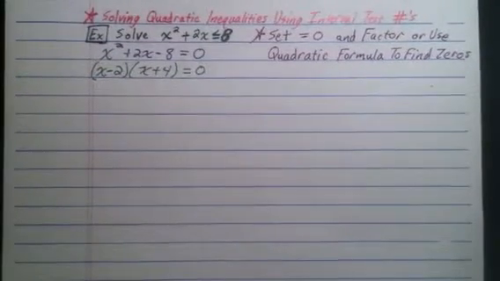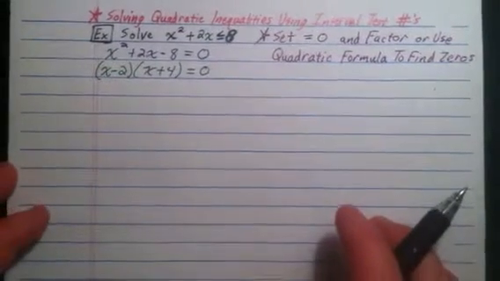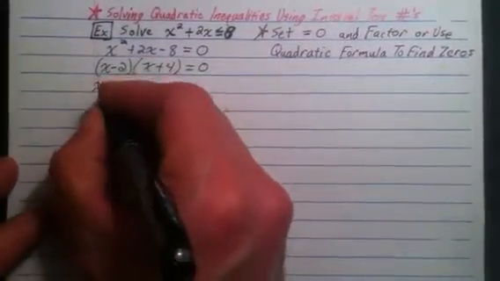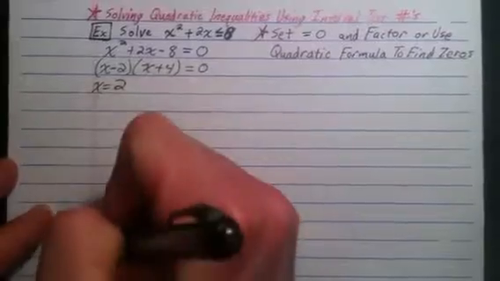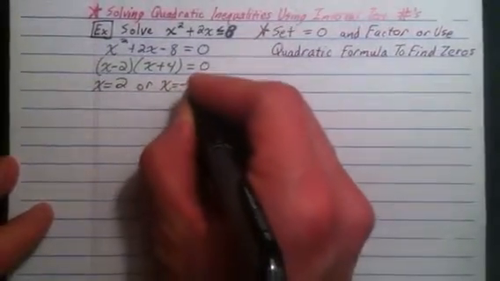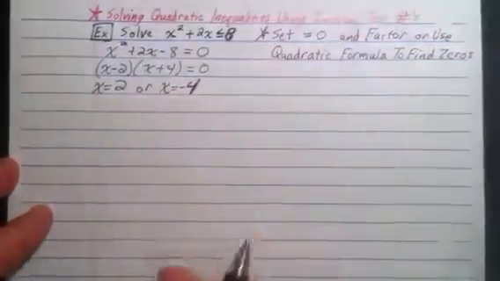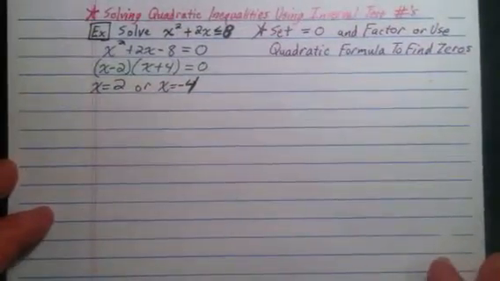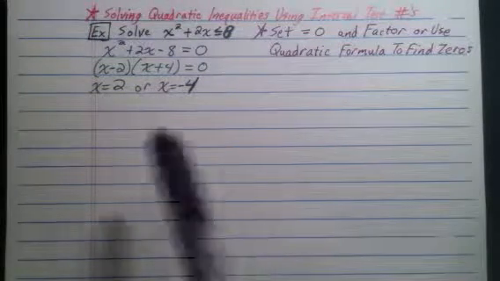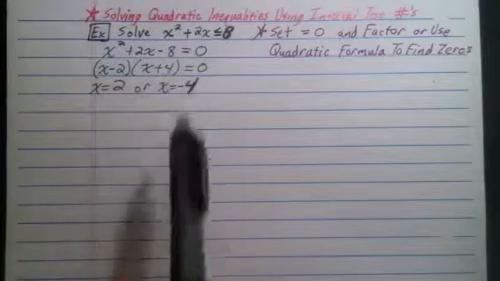So from there, we can find out what our two x values are, our two zeros. It's going to be x equals +2 or x equals -4. So just like when we were looking at the graphical method, these would technically be our x-intercepts.